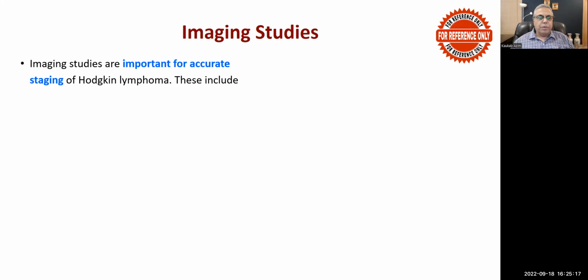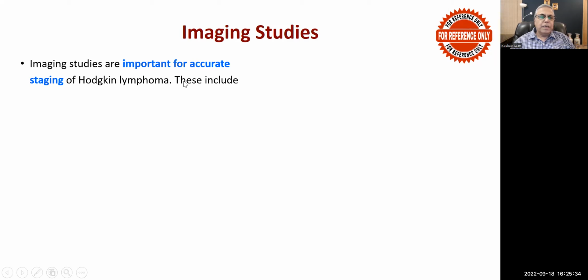PET, positron emission tomography, has become very important. Now we have mentioned previously as well that it's not available in every hospital, because that is a very expensive piece of equipment, okay?